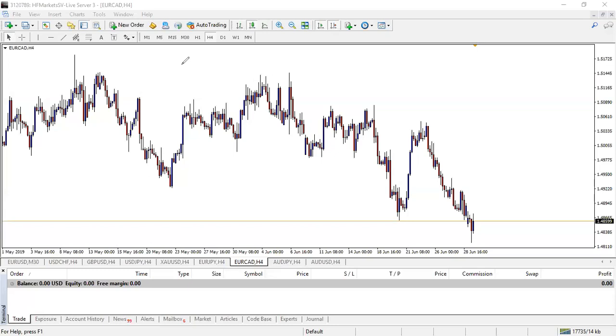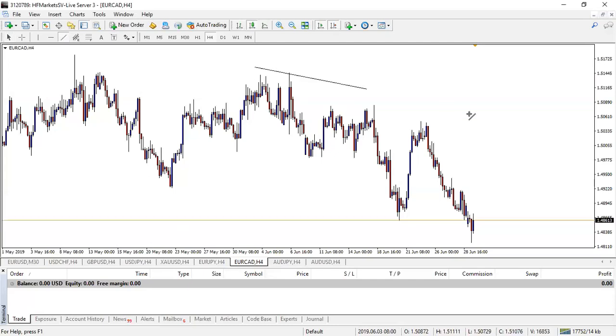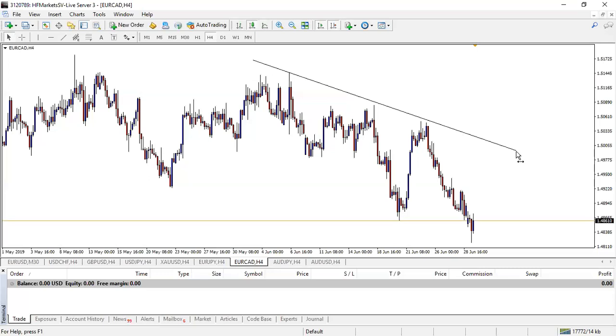That's why I will always, from time to time, emphasize the need for a confluence before you actually take a trade. Trend line is very great, but you can't just say, because this is what trend line is saying, you go ahead to either do a buy or a sell. Of course, it doesn't mean you're going to be wrong, but you want to be more precise when you are jumping on a trade.